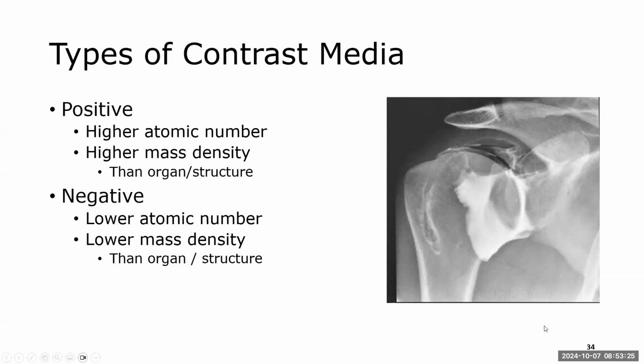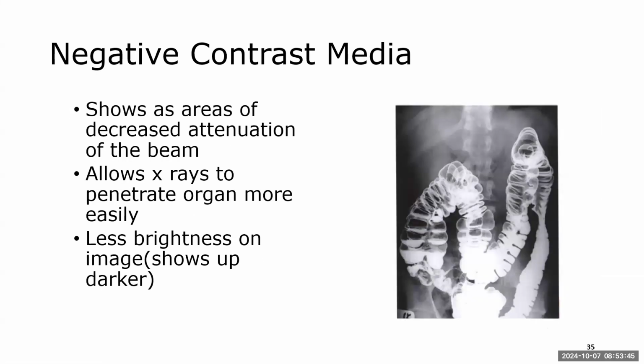It's called a shoulder arthrogram. So arthro meaning joint, gram meaning picture. So it's pictures of the actual shoulder joint. And you can see that some iodinated contrast has been administered in there, as well as some air, so that we can see the different areas of the joint space and see if there's any tears or anything like that.